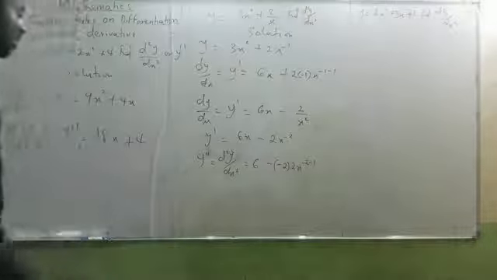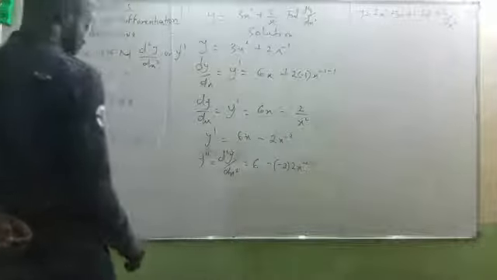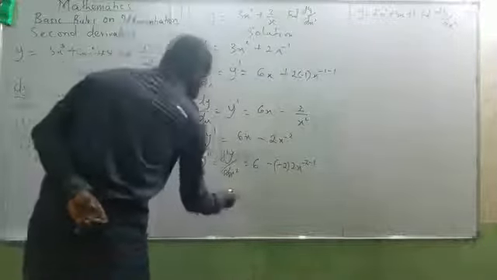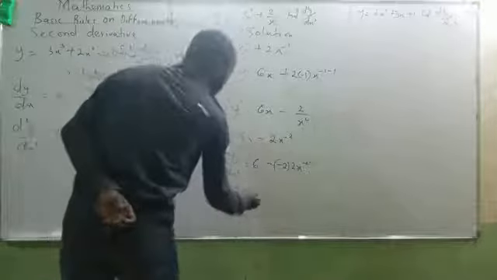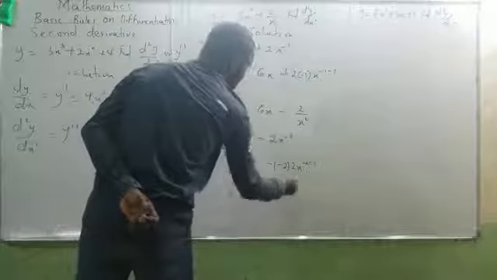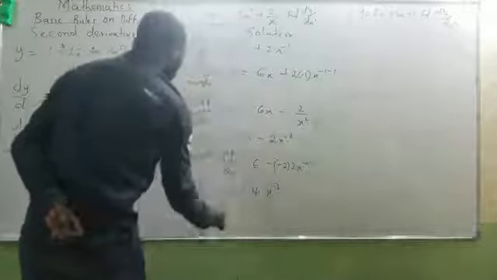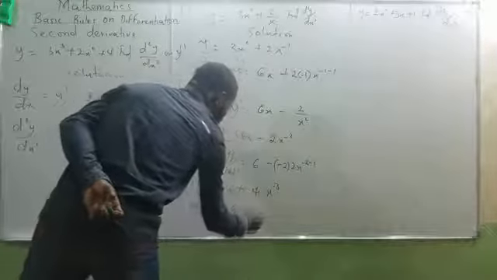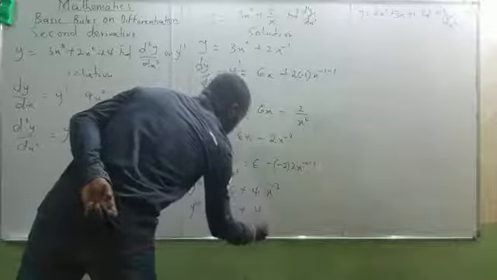Take note of that. It means my y prime prime, known as the second derivative, is 6 plus 4x raised to the power minus 3, which gives y prime prime equals 6 plus 4 all over x raised to the power 3.